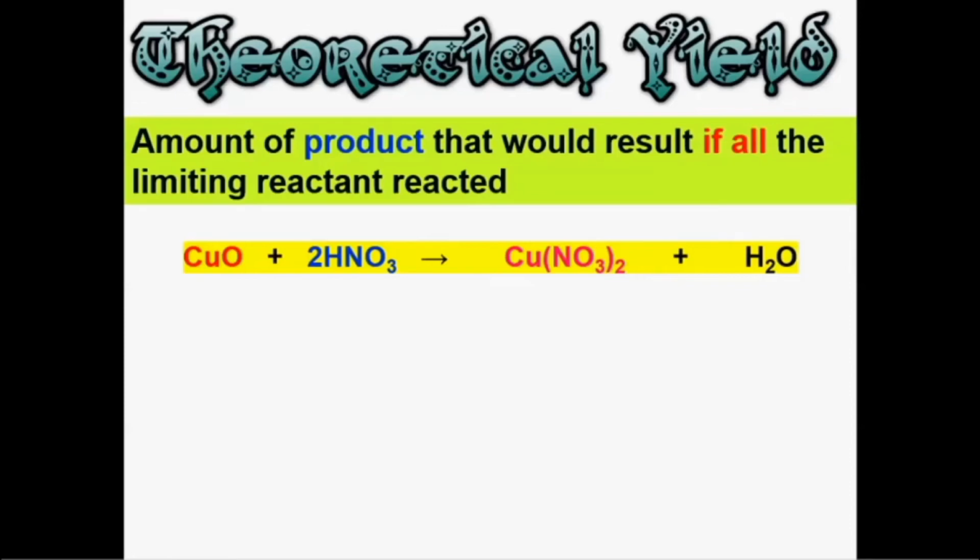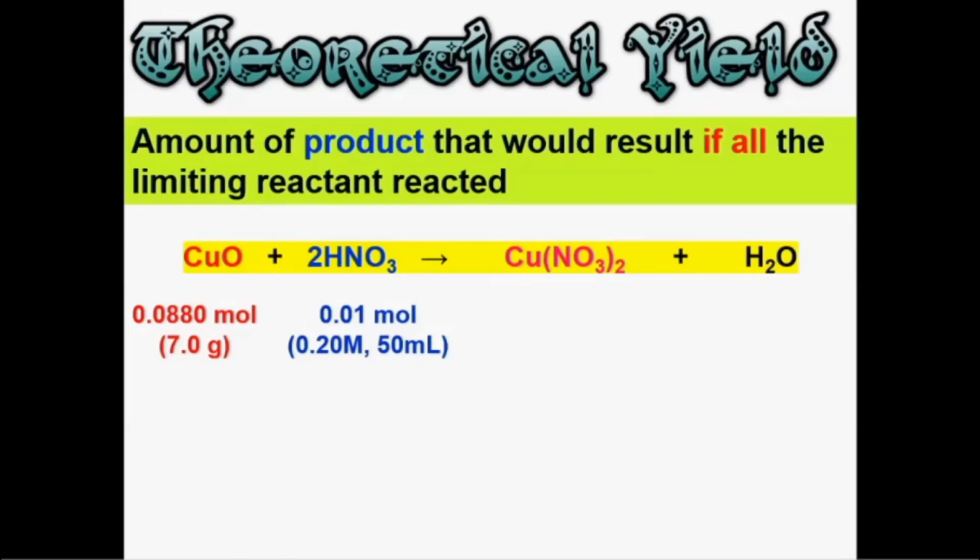But in this reaction, we have 7 grams of copper II oxide, or in the form of moles, 0.088 moles of copper II oxide. And this amount of copper II oxide reacted with 50 mL of 0.2 molar nitric acid, or in the form of moles, 0.01 mole.